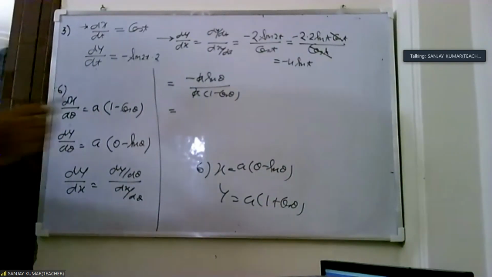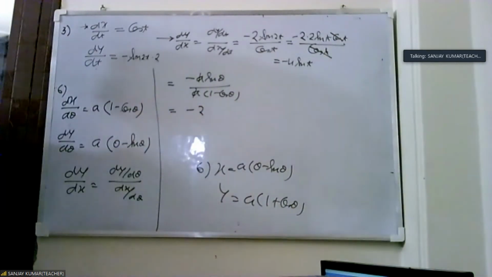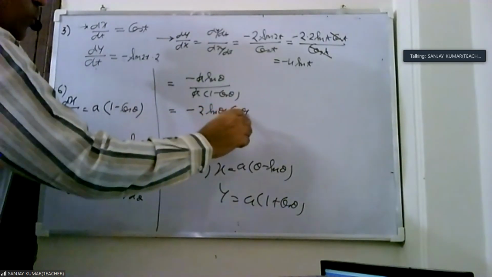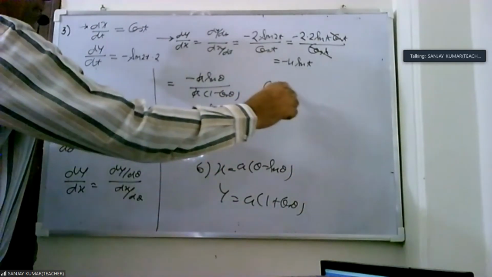Then what we do, that is a sin theta. See the formula of sin theta: the formula of sin 2 theta is 2 sin a cos a. Similarly, sin theta is 2 sin theta by 2 cos theta by 2. Similarly for 1 minus cos theta, see, cos 2 theta has 3 formulae.